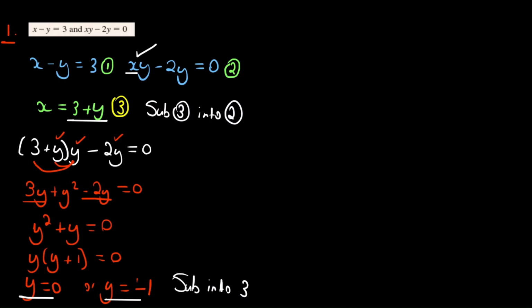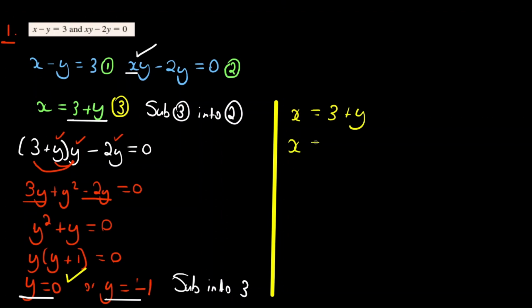So in equation 3, what we have is x is equal to 3 plus y. So we can substitute our first value, y is equal to 0. It will be x is equal to 3 plus 0. Therefore, our first x value will be x is equal to 3. And we do the same thing for the second one, x is equal to 3 plus y.